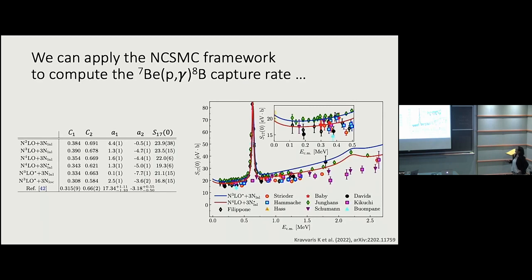He applied this approach to predict the beryllium-7 P gamma capture rate, and he carried out calculations with a whole zoo of possible chiral nuclear and trinuclear forces. The nomenclature here is a little bit Byzantine, but let me explain for those of you in the audience who really want to know what these are exactly.